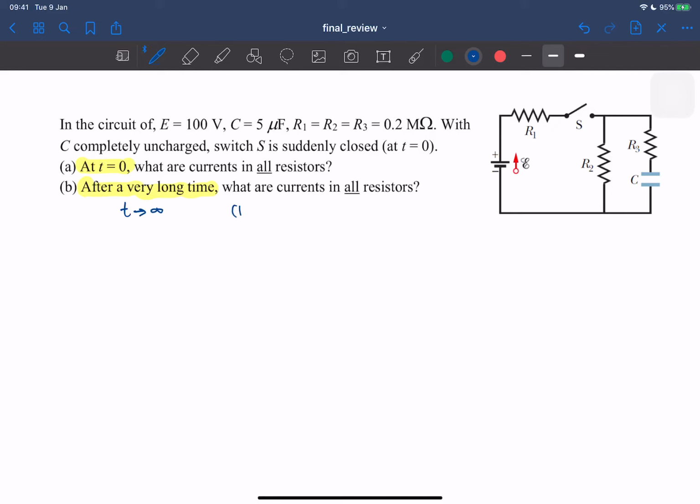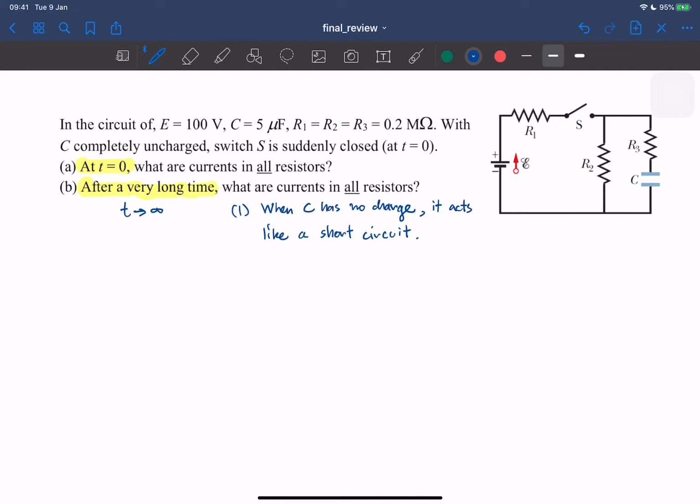First, when C has no charge, and that's exactly what we have, initially the capacitor is completely uncharged, it acts like a short circuit, or just a piece of wire, right at that moment.